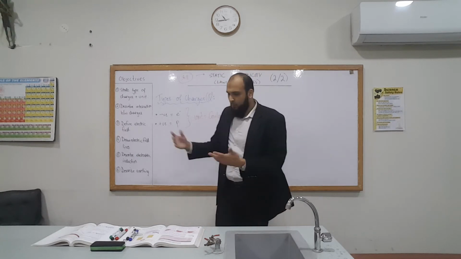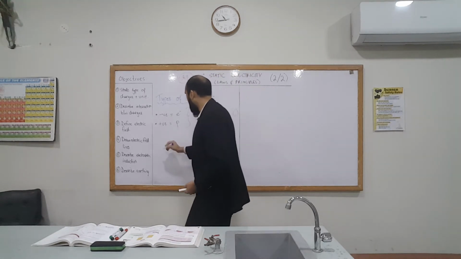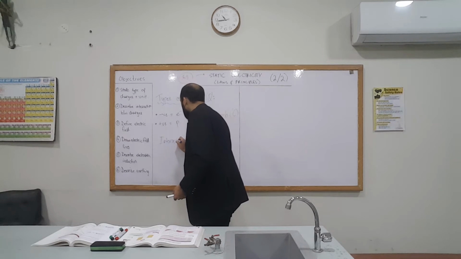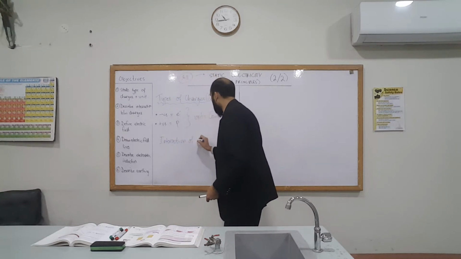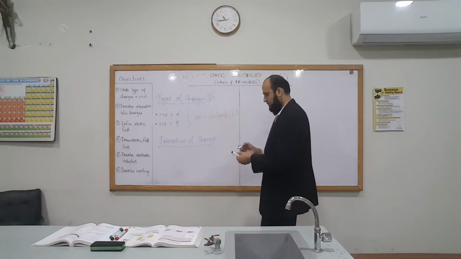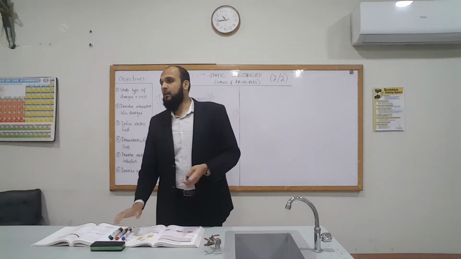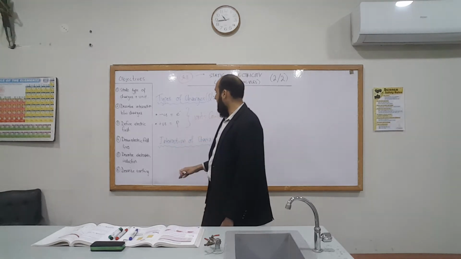Now, we've got different types of charges. Okay? So we've got positive and negative charges. These charges interact with each other. Okay? So interaction of charges, and just like you would expect for a magnet, so like many other cases as well. Sorry? They attract and repel. Very good.